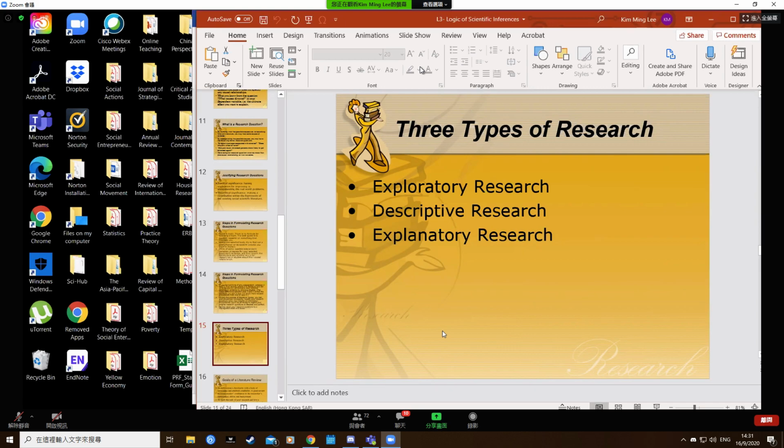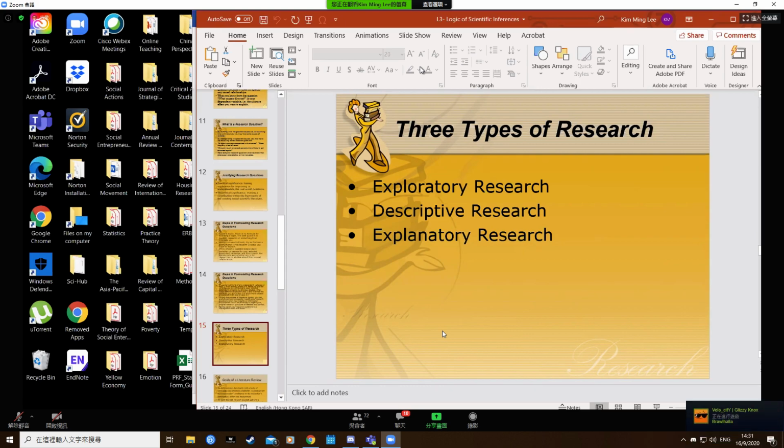So that is a sort of exploratory research. Okay, it's most likely related to qualitative research, because in qualitative research you have nothing in mind, or you have some big idea in mind, and you go into the field and interview people, doing some observation, doing some participant observation, and to see what happened. So that is an exploratory study.